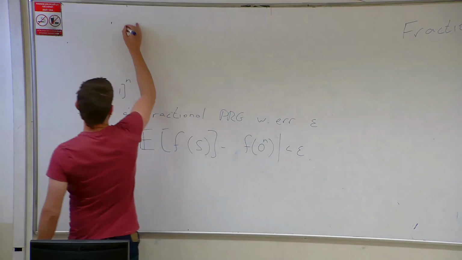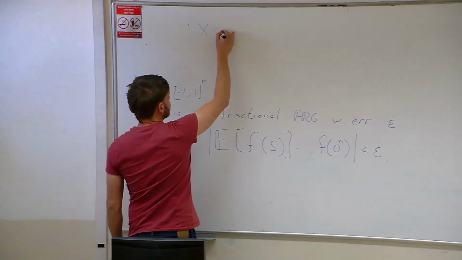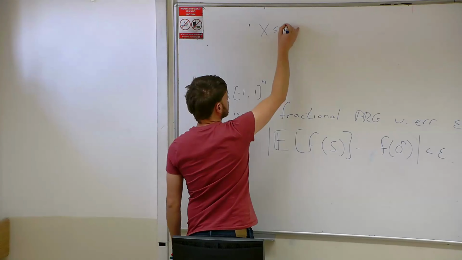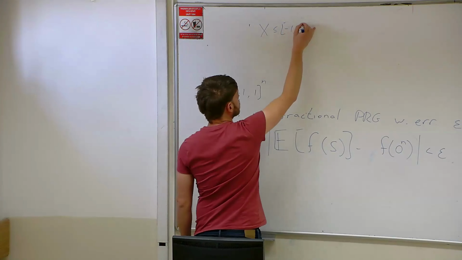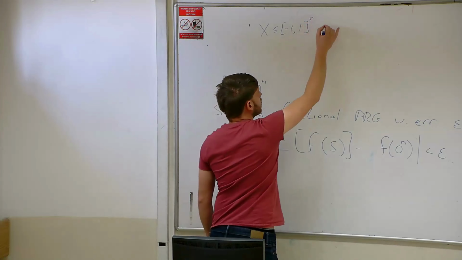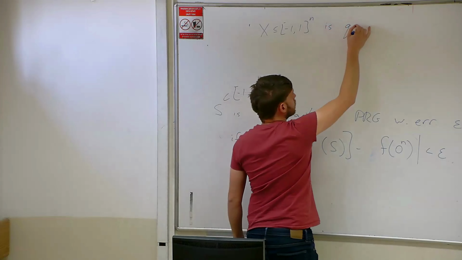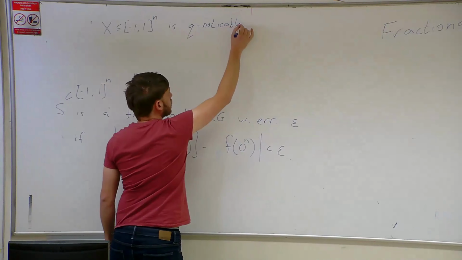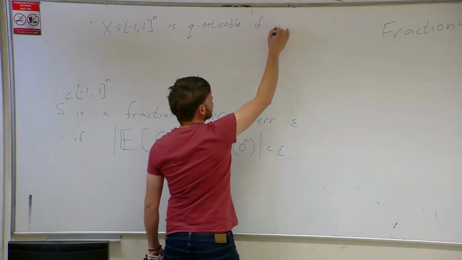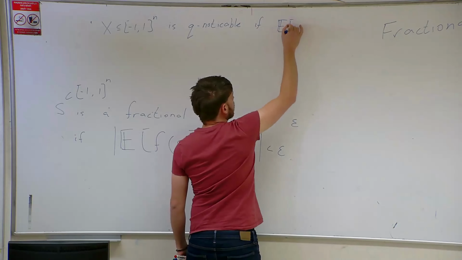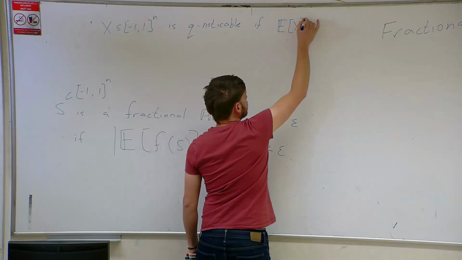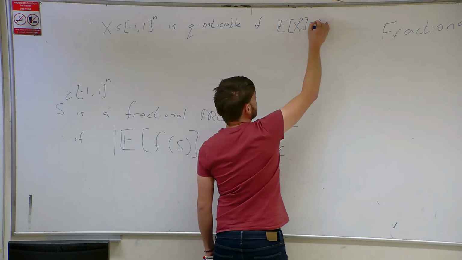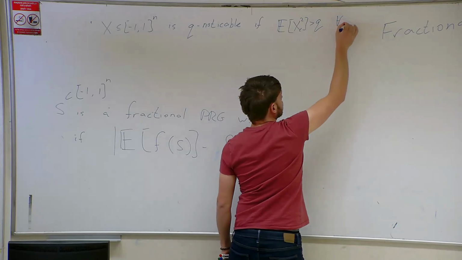S in [-1, 1] to the n is q-noticeable if the expectation of xi squared is larger than q for all i.